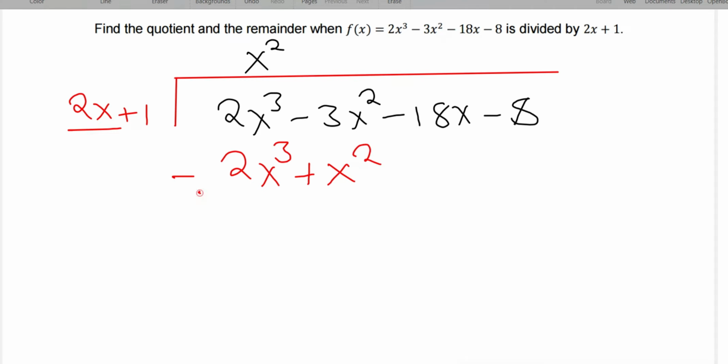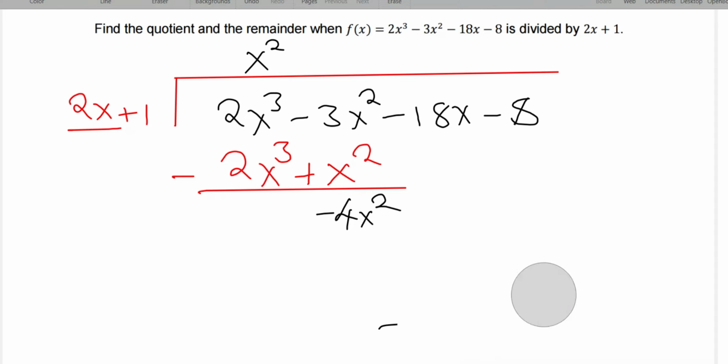As usual, we need to subtract. This part will just subtract to 0. Then minus 3x squared minus x squared gives us minus 4x squared.